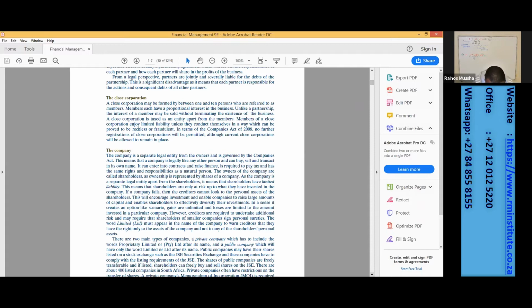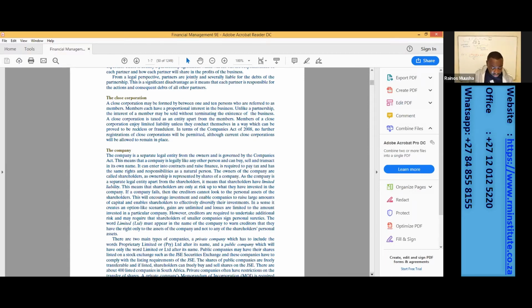So if the company fails, then the creditors cannot look to the personal assets of the shareholders. So this will encourage investment and enable companies to raise large amounts of capital and enable shareholders to effectively diversify their investments. So this is the typical characteristics of exactly how the company would be structured as well.